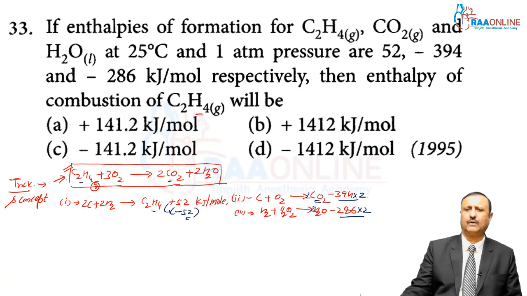Now we can add all the reactions. Then you get the target reaction and the heat of combustion of ethene. That equals first minus 394 multiplied by 2, plus minus 286 multiplied by 2.